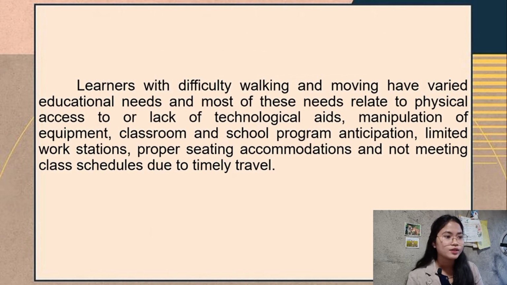Now let us move on to the discussion regarding the principles and strategies of teaching and designing IEP for learners with difficulty walking and moving. In the previous lesson, the types, characteristics, and identification of learners with difficulty walking and moving were discussed by other reporters, where we distinguished the different walking and moving impairments, which limit the learner's ability to learn effectively.